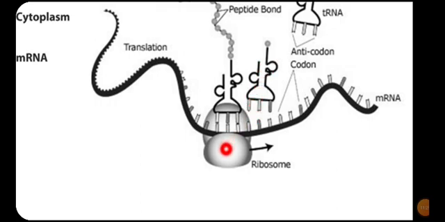Then this ribosome will move ahead in this direction, leaving this tRNA behind. So what will happen is that the next tRNA will come to this position because the ribosome is moving, and this whole polypeptide chain is transferred to this amino acid, so that the growing polypeptide chain is transferred to this amino acid through formation of a peptide bond, and this reaction continues.